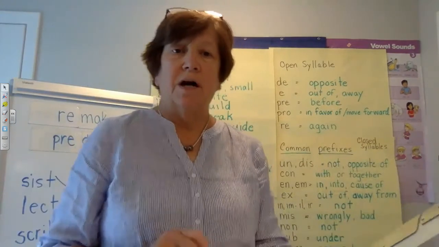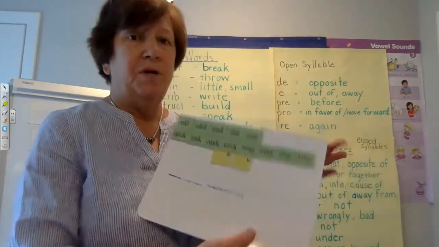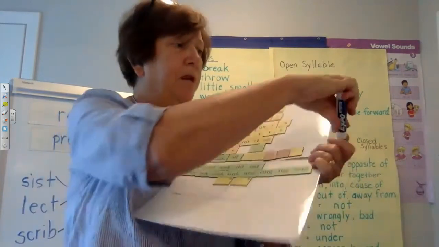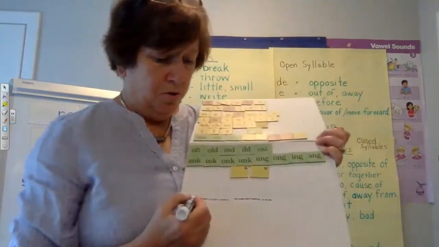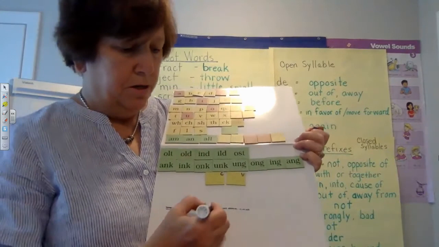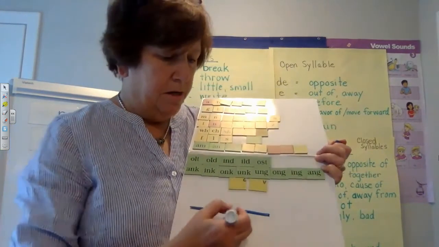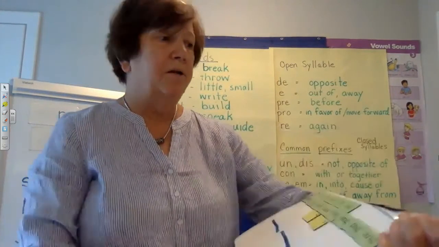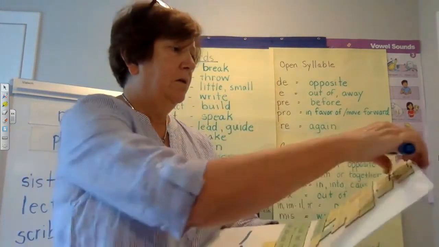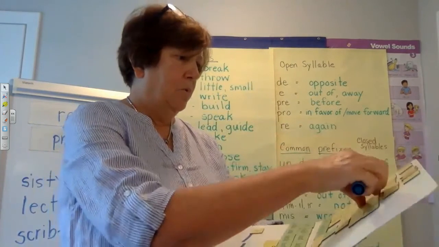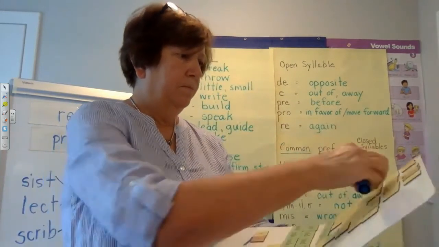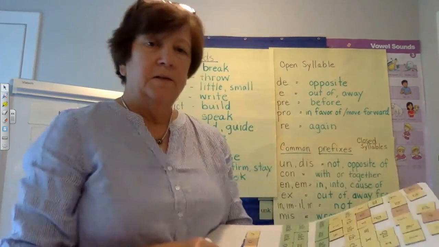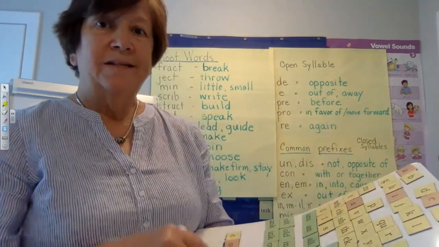Conduct, conduct. All right, so we have our 2 lines again. If you didn't have it, we can touch them or you can draw them. Conduct, conduct. First syllable, con. Go ahead, that's our prefix. Pull the tiles down. Second syllable, duct.